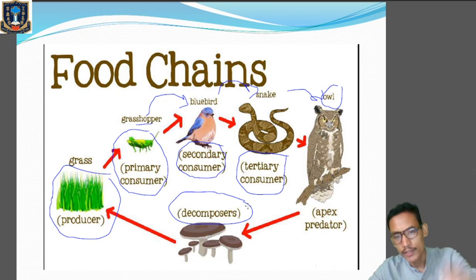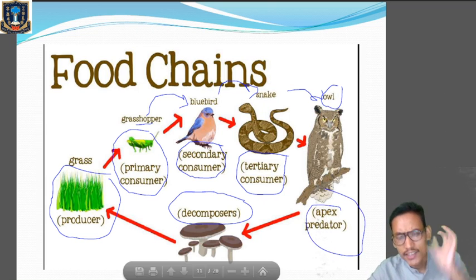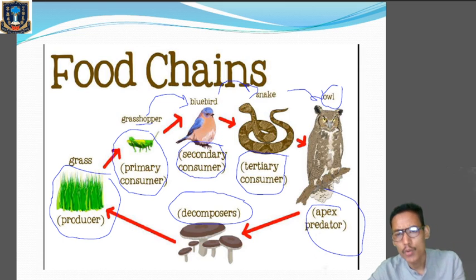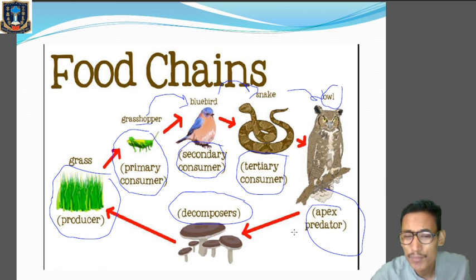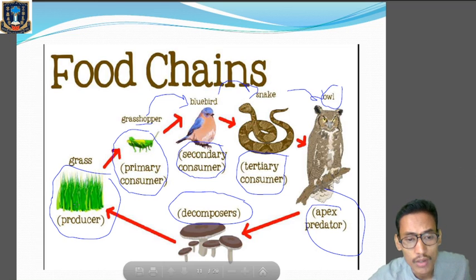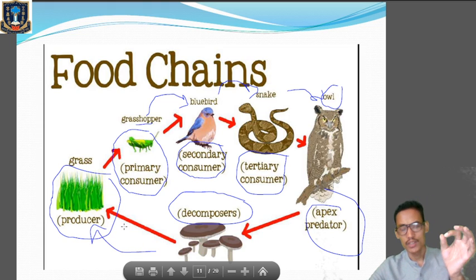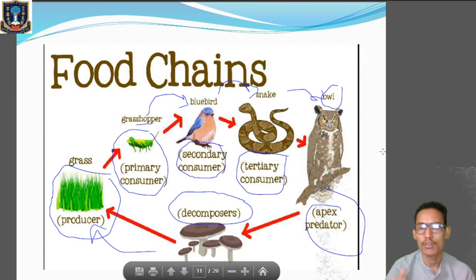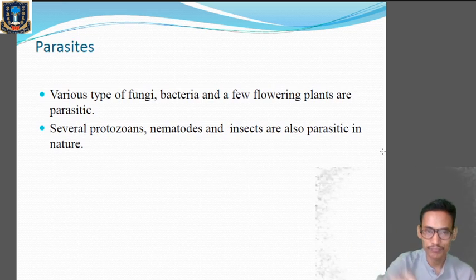And when the decomposers act upon the dead remains of this owl, the apex predator, then the complex organic compound present in the body of this apex predator will be changed into simple inorganic compound which will be again utilized by the producer. Okay, so this is the basic idea of our food chain or of our trophic level. Clear this one? Okay, now let's go to the next one.